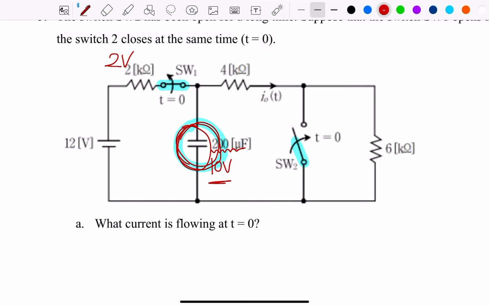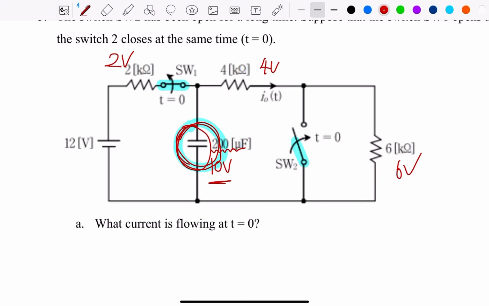Therefore, this will be 4 volts and this will be 6 volts, right? Yeah, this is just a natural phenomenon. Okay, this is all the explanation of when switch 2 is open and switch 1 is closed.